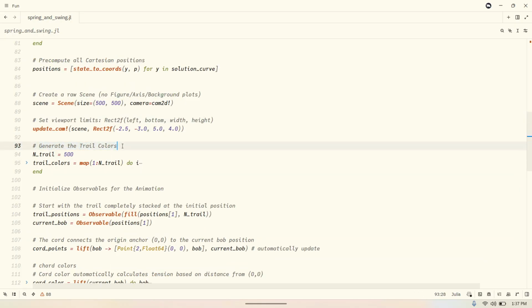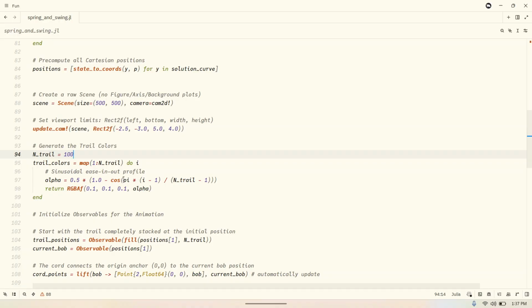You generate a trail, that's what I want to do. I want to not only look at the pendulum itself, but also where the bob went through. 500 is maybe a little bit too much. 50 should be fine, but okay. In my opinion, 100 is good. The way I do it is with some complicated function which has an easing to it.